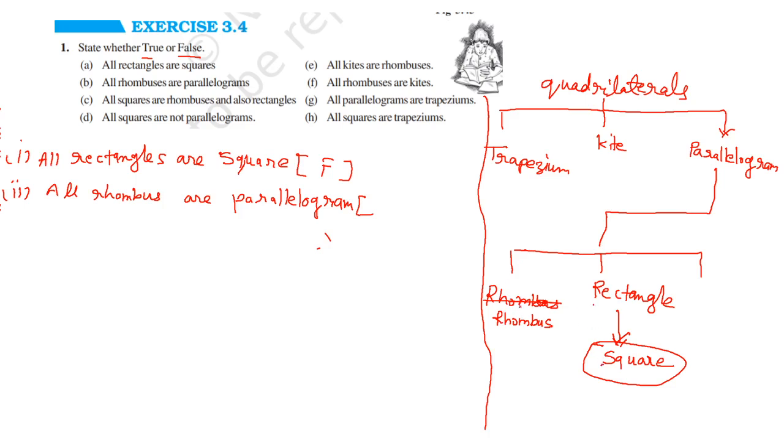That means all rhombuses are parallelograms, because these are special types of parallelogram. So this statement is true. Obviously a rhombus is a parallelogram.